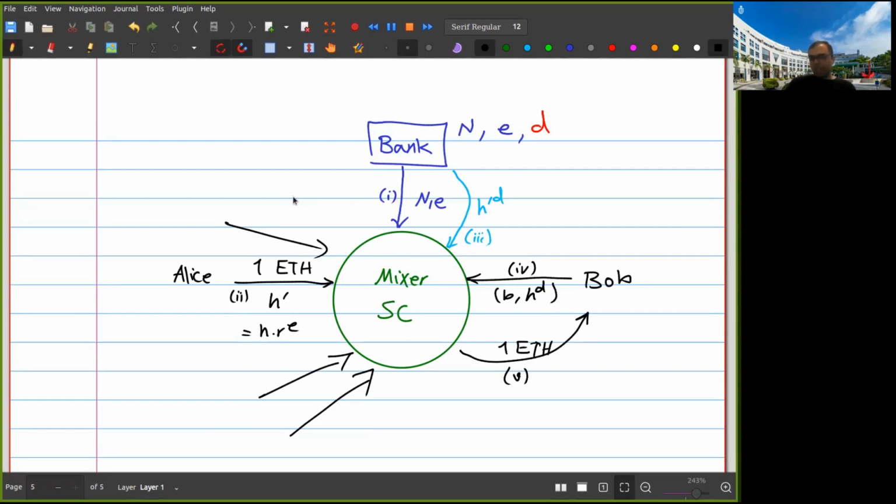It seems like everything is trustless, everything is decentralized, everything is private, but there is actually one thing that can go wrong. And the thing that can go wrong is that the bank can issue extra banknotes, right? So let's say I'm the bank, and let's say that 1,000 people have deposited money here and asked for my signature.